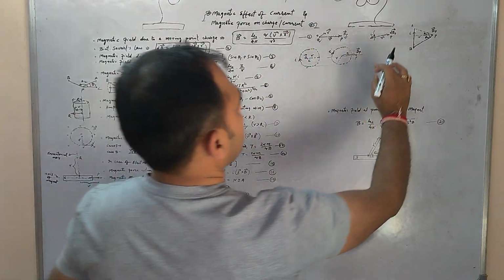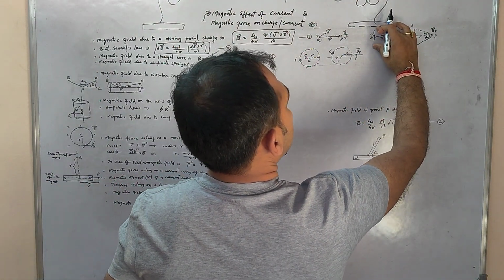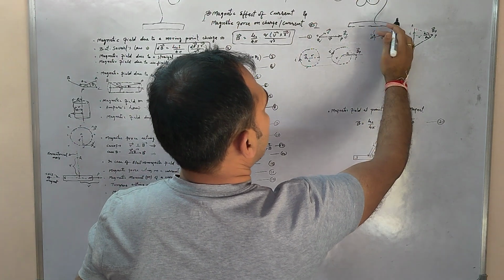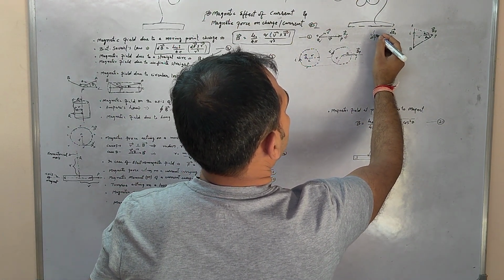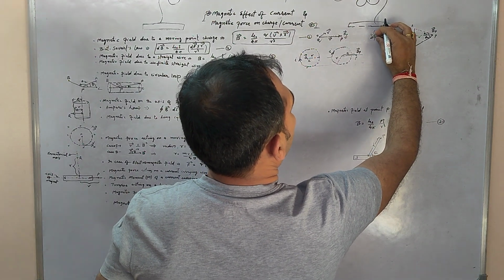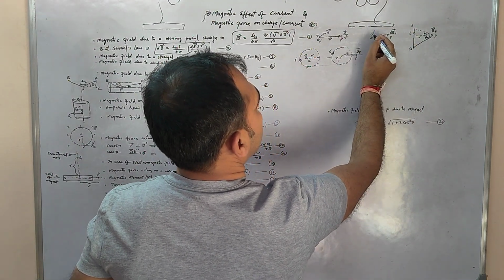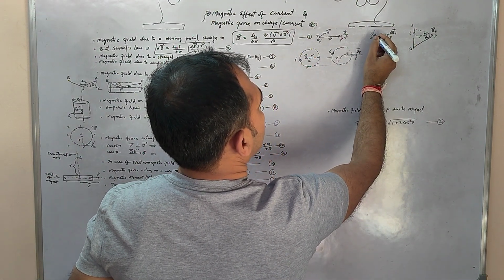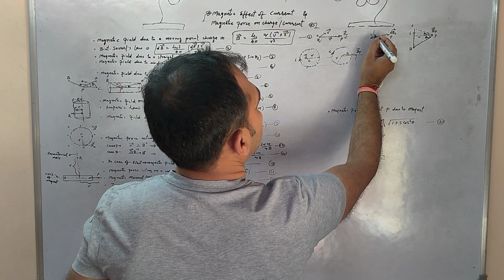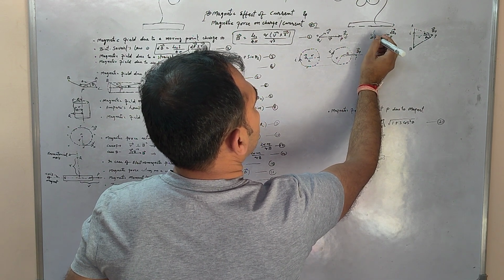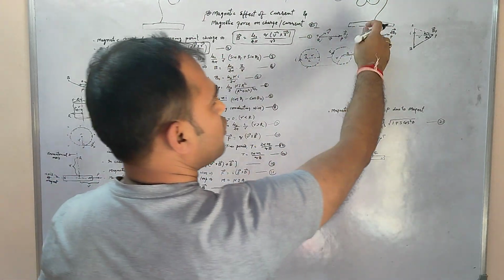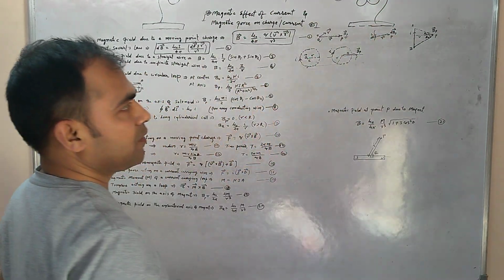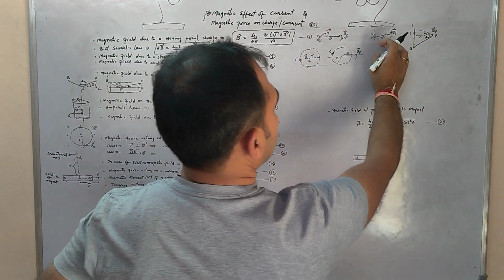See, if this is a current carrying conductor, and here we take a very small length dl, and current I is flowing across this conductor.